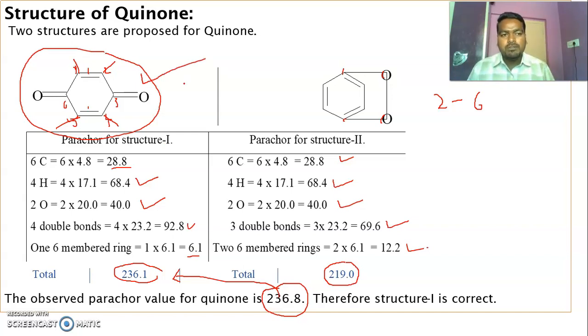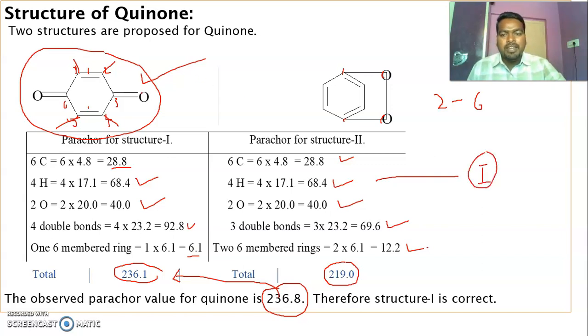Dear students, for quinone we can write 2 structures. But among the two, one structure can be confirmed with the help of this calculation of the Parachor value. This is the first method, theoretical calculation.